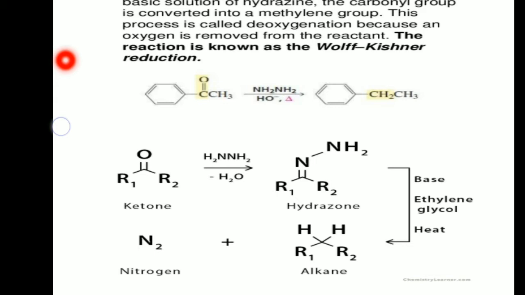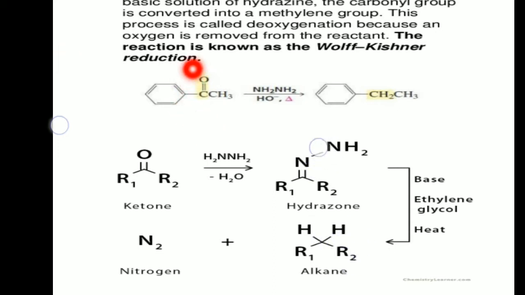This hydrazone, in the presence of base and ethylene glycol with heat, forms an alkane, that is CH2, or R1 CH2 R2.